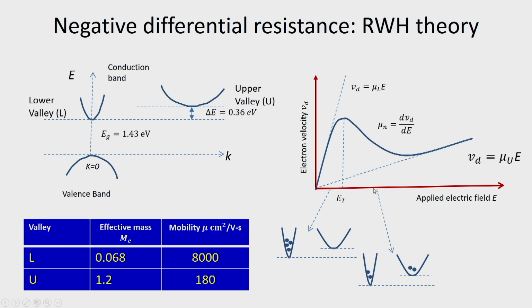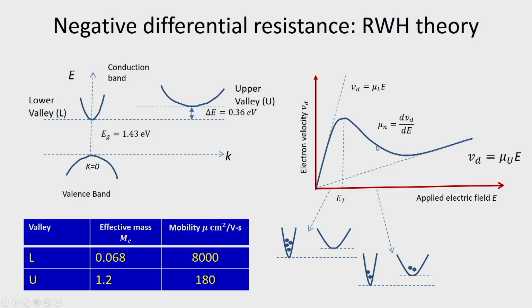As we keep on increasing the applied electric field, this migration of electrons from lower valley to upper valley continues, and finally at a very large applied electric field, all the electrons move to the upper valley.